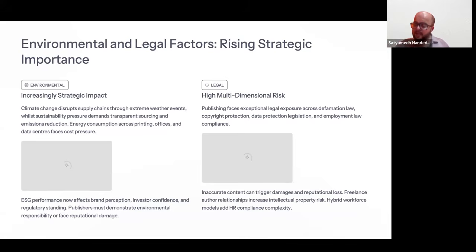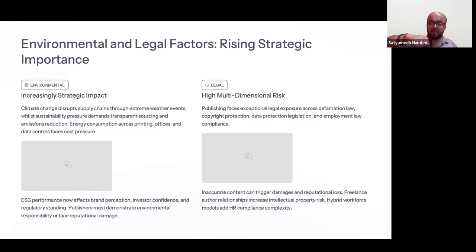If you are publishing certain content which offends the sentiments of people, and in today's day and age anything can offend anyone literally, then from a social perspective you are suffering, and from an environmental perspective also you are suffering.